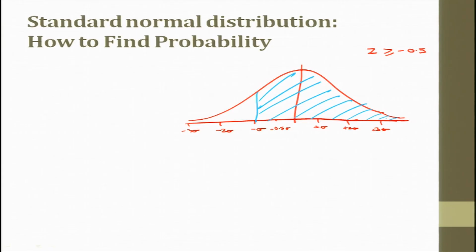We are looking for the probability for z greater than minus 0.5, and we need to draw a vertical line at the point where the value is required, in standard deviations from the mean, and shade everything greater than this number. Whatever the shaded area is, we need this value; this area would be the probability.